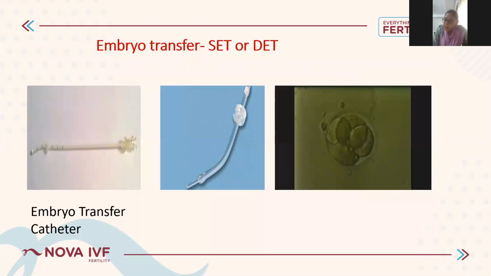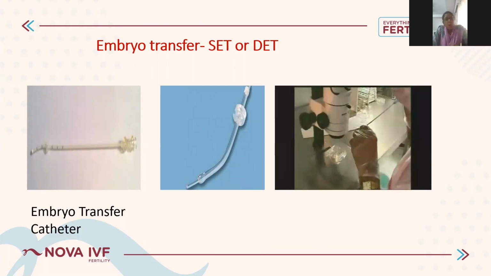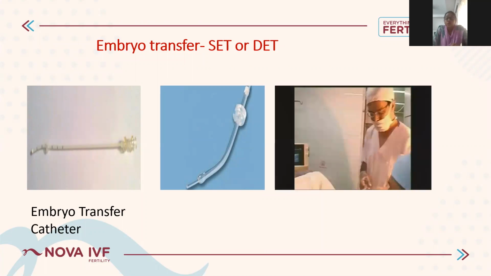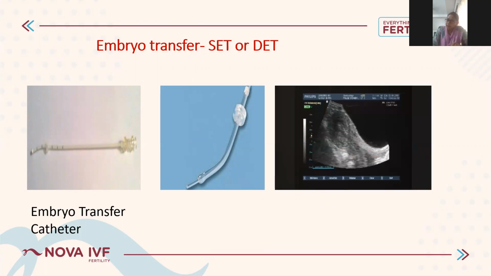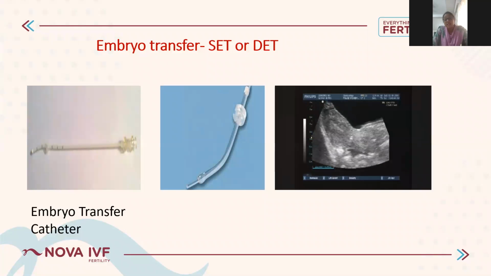So the final step comes now. We have done the ovum pickup. In the lab, the embryo has been created. Now we have decided to do the embryo transfer in the same cycle. The embryo transfer process is also done under ultrasound guidance, and it is a very simple procedure which is not painful, but it is very, very important to do this procedure well, because the success of the procedure depends upon how the embryo transfer is done, how well the embryo has been placed inside the uterus.